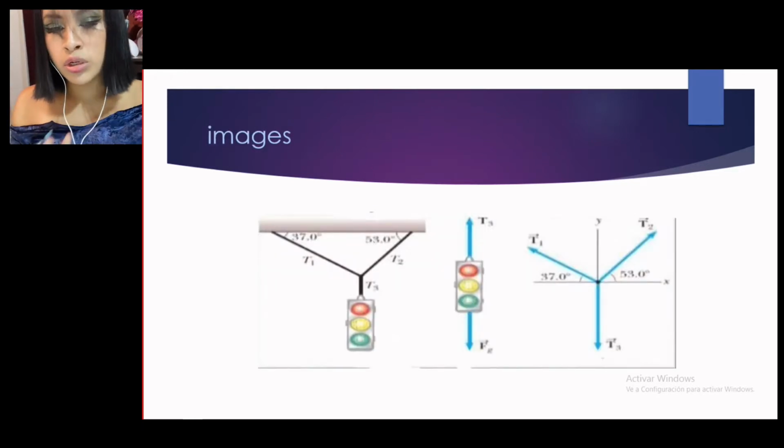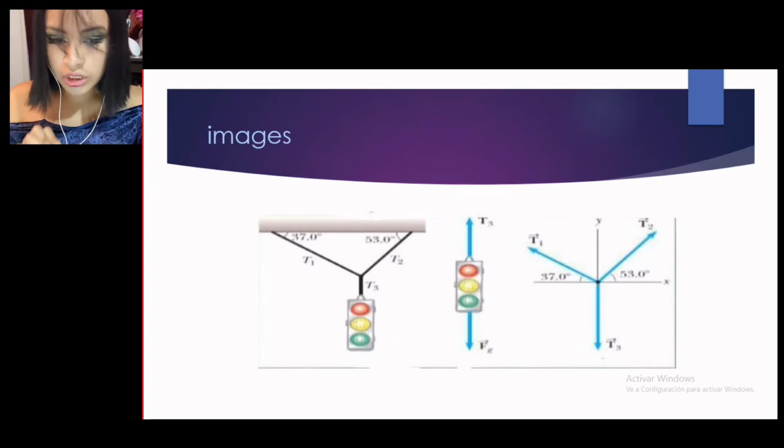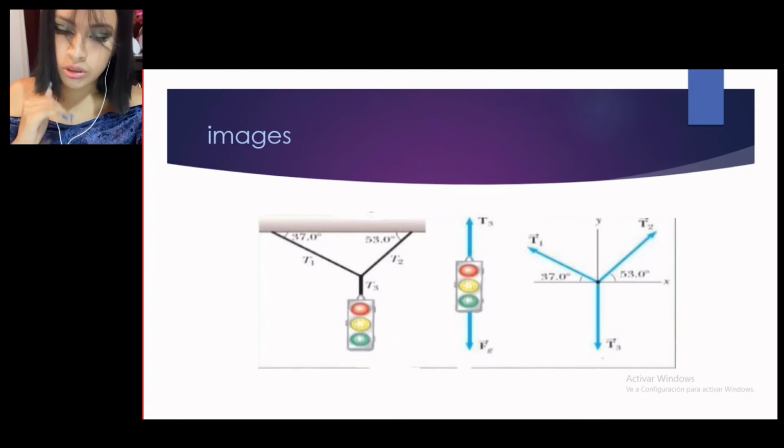So I have three images here. In the first image, I have the picture the problem is showing us, with two cables on the horizontal side with a corresponding angle.